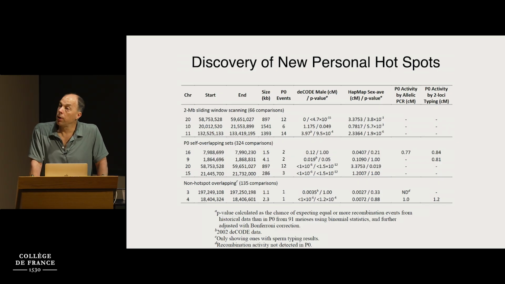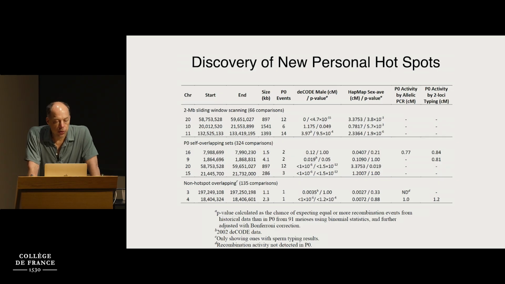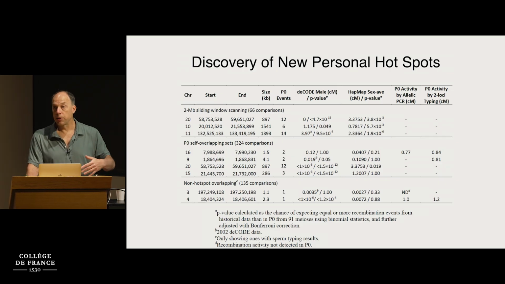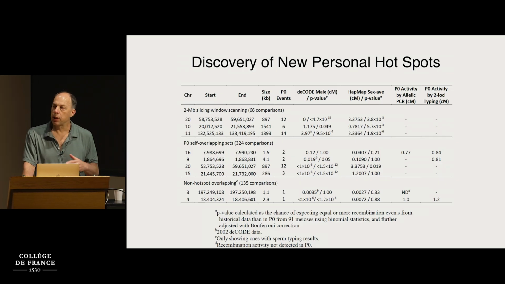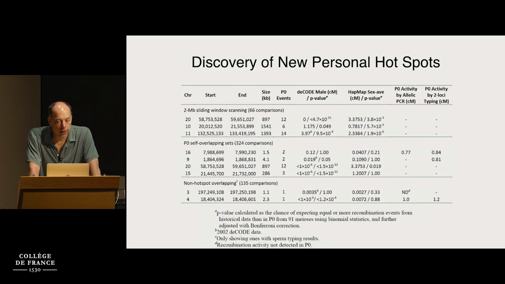Some were known, some were unknown. So we discovered a number of new personal hotspots, and this indicates the power of doing the single-cell measurements on given individuals. You can find hotspots whose activity is masked in the general population, and we were able to discover a number of new hotspots, which was really neat.